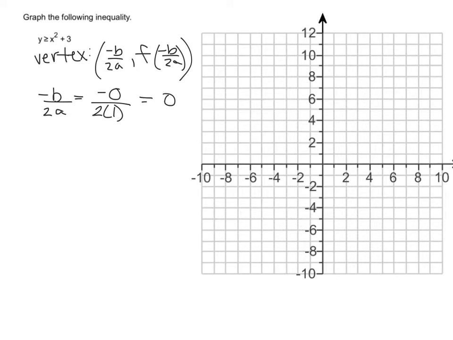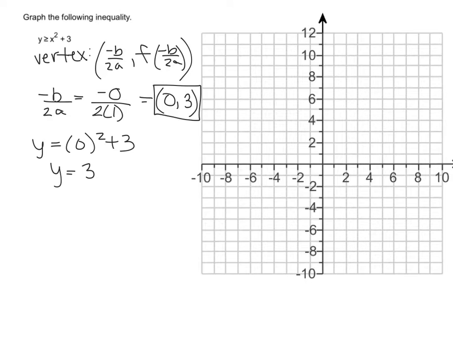So x is 0. Then we'll plug in a 0 for x and solve for y. And we get y equals 0 squared plus 3, which is y equals 3. So my vertex is 0, 3.